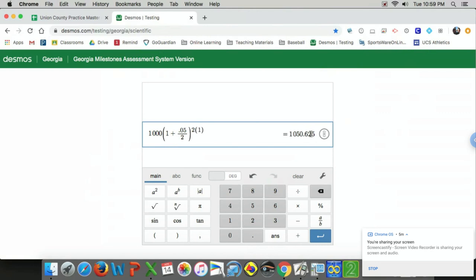Once again, we're dealing with money, so we have to round to the hundredths place. So 0.62. We look at the number to the right. This time it's a 5, so 5 or more, raise the score. So we have 1,050.63.